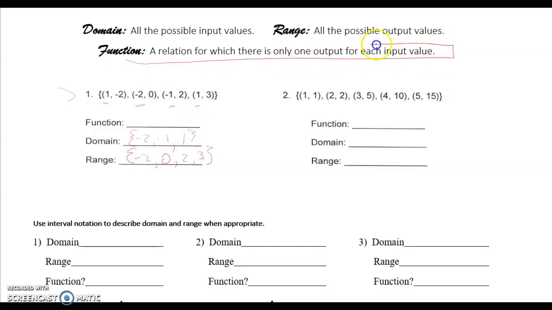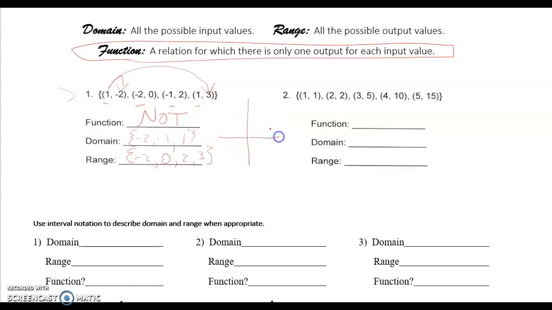What we do know is that this is not a function. And it's not a function because for a function, there's only one output value for each input value. But here, we have the input value of 1 basically going to 2 different output values. That's not a function.